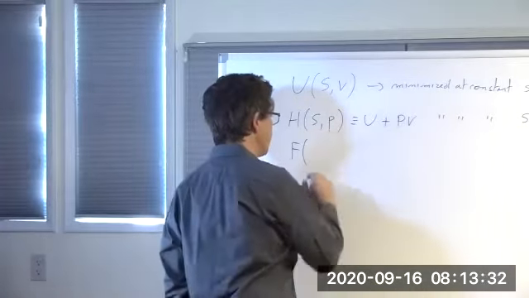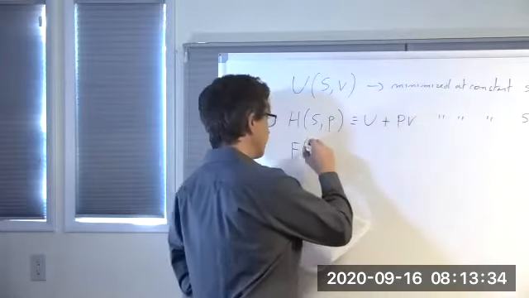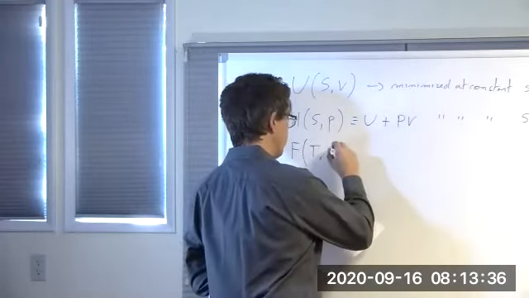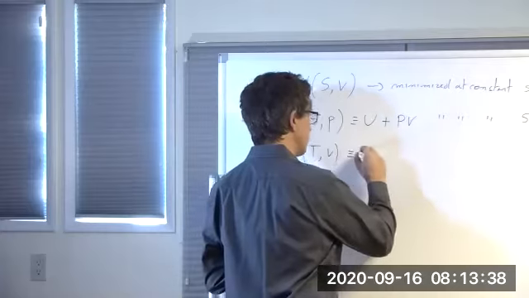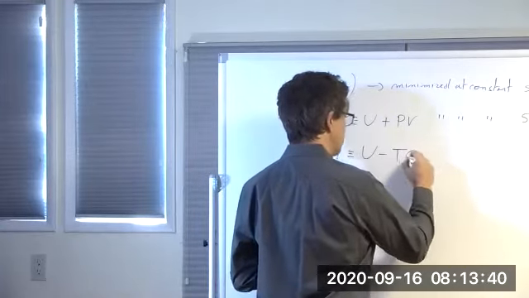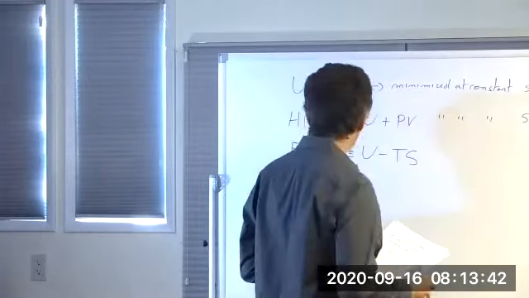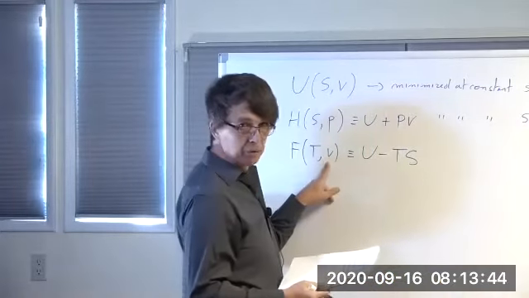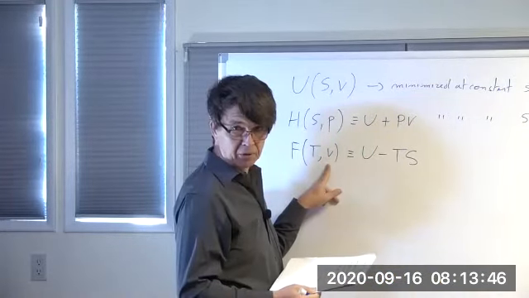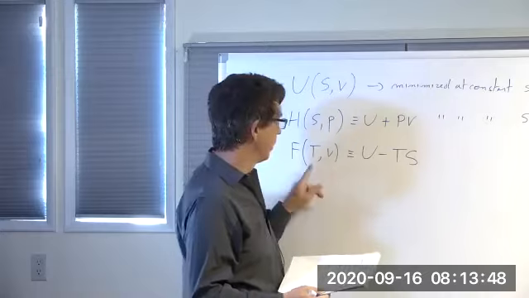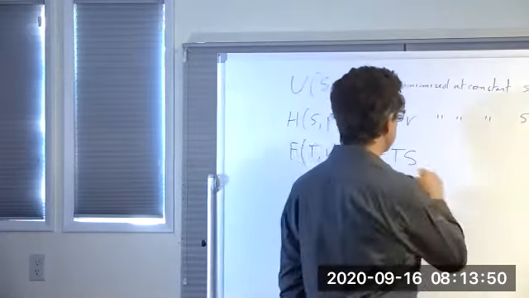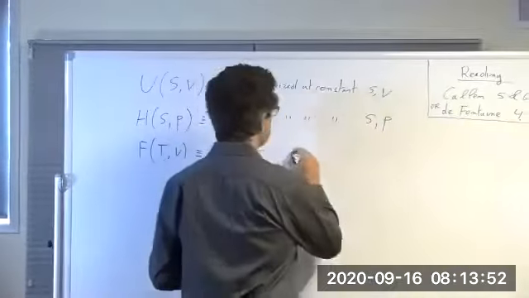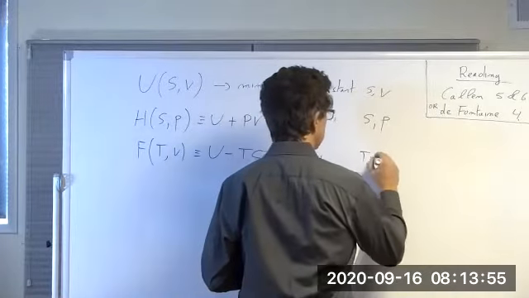We defined the Helmholtz free energy, which is a function of temperature and volume. So it's defined as U minus TS. And again, that makes sense now. The volume channel is closed because we're at constant volume, so there's no mechanical work. But since we're at constant temperature, we can have entropy exchange, and this is minimized at constant T and V.